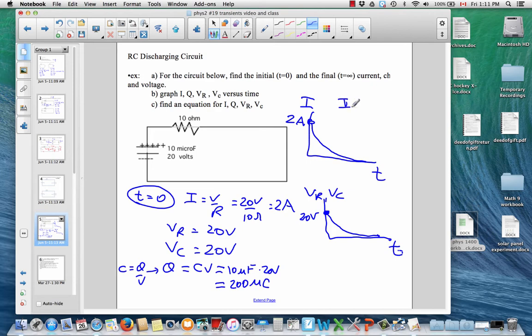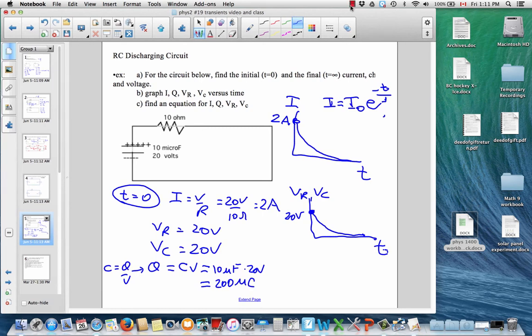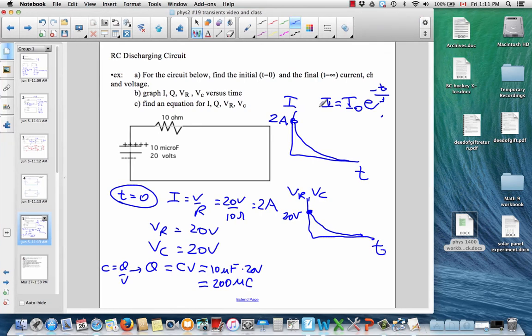And as an exponential decay, it's going to have the form of some initial value times a negative exponential, because it's decaying, in the variable t. And then there'll be something called a time constant, which we use a capital T for. Whoa, that's messy. Let me fix that up.